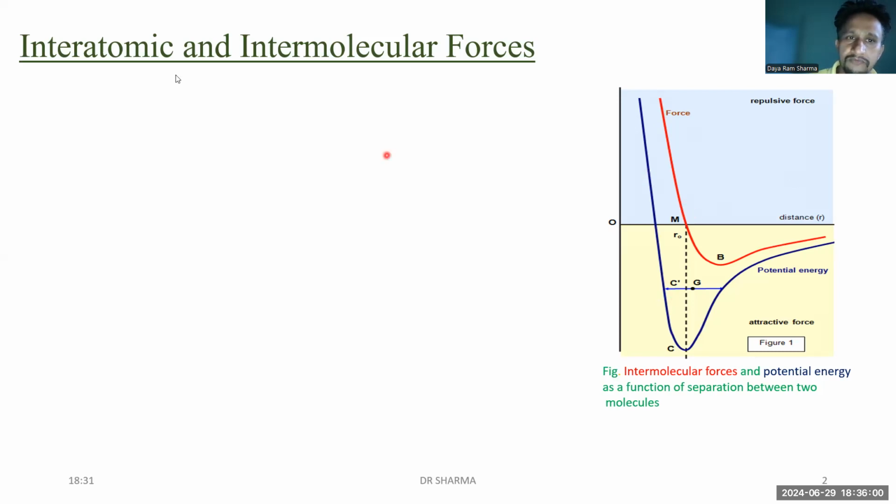The nature of those forces is shown in the curve on the right side. The red curved line represents the force, and the blue line represents the potential energy. The point M shows the zero force.